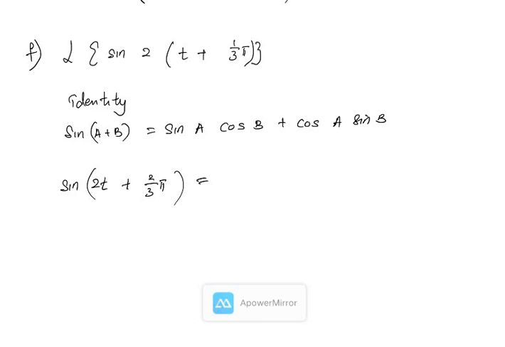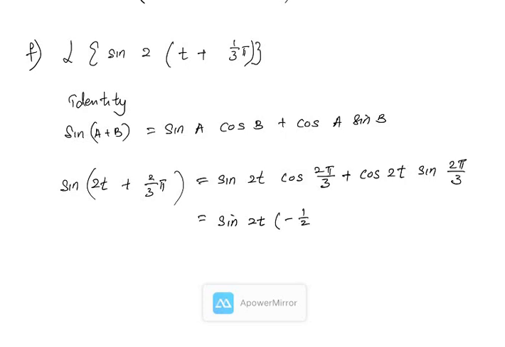And then we can get sine 2t cos 2 pi over 3 plus cos 2t sine 2 pi over 3. So this will be equivalent to sine 2t, and cos 2 pi over 3 gives negative 1 over 2, and then plus cos 2t, and sine 2 pi over 3 you get square root of 3 over 2.